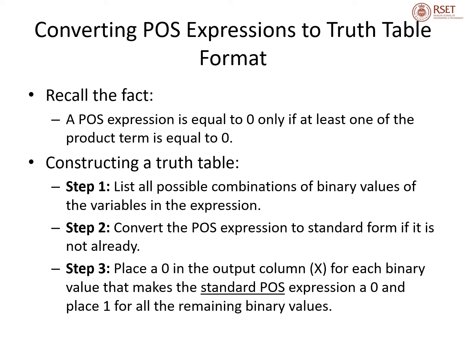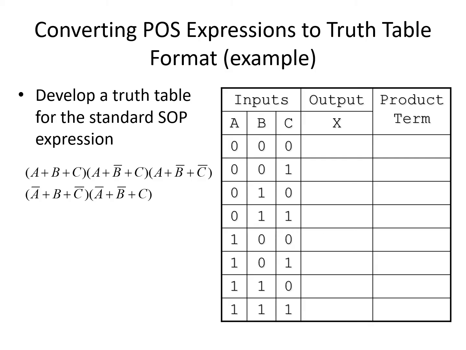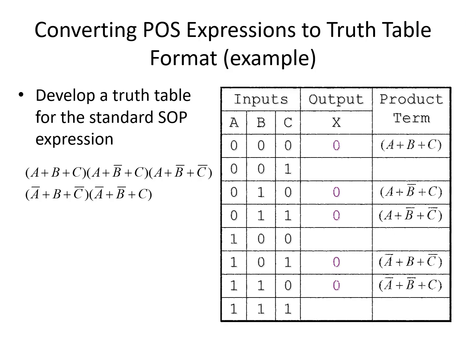Convert the POS expression to standard form if it is not in standard form. Place a 0 in the output column for each binary value that makes the standard POS expression a 0, and place 1 for all the remaining binary values. This is an example showing how to develop a truth table for the standard POS expression.